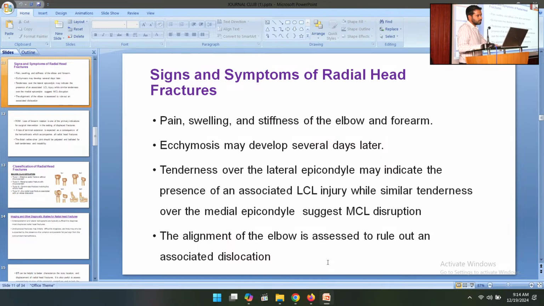Disruption of the distal radioulnar joint with interosseous rupture with dislocation. In elbow, sir. Proximal, laterally.